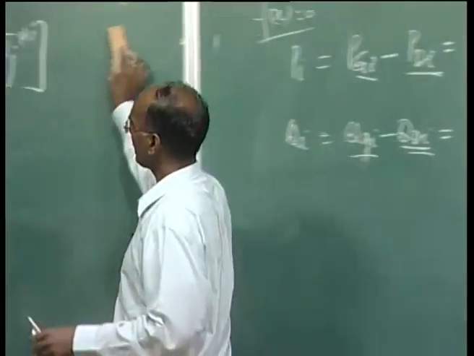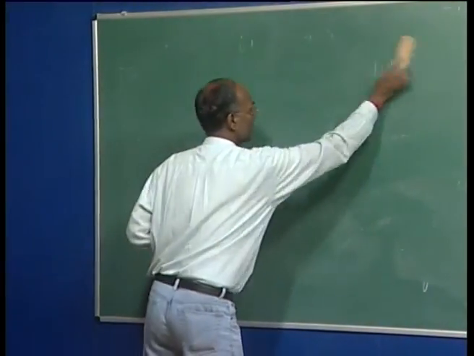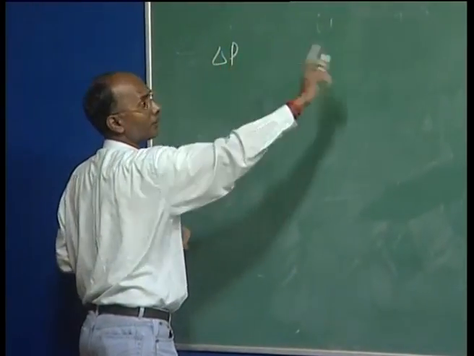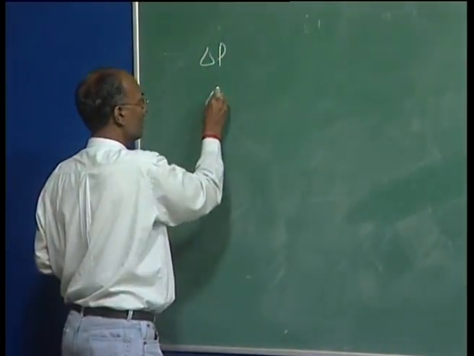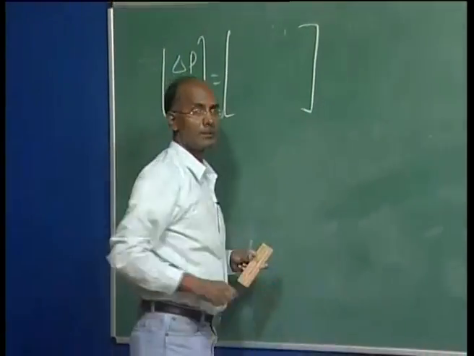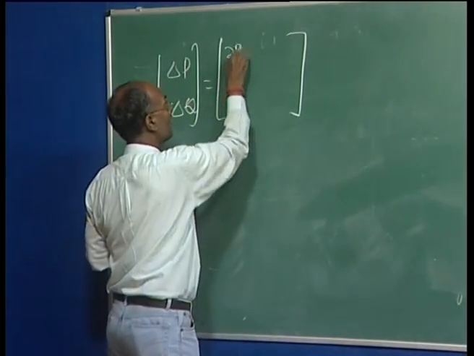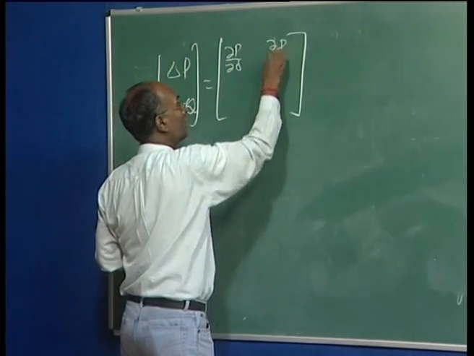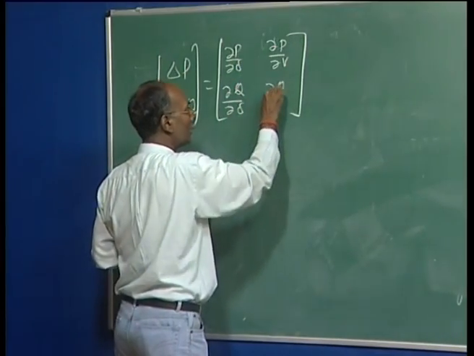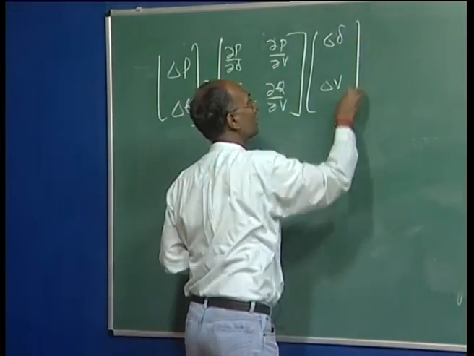So now let us see the Newton-Raphson method. It is no doubt based on the Taylor series expansion, and we form the Jacobian. If the power injection P here, and I am writing in vector form, here this is your Q, we take the Jacobian, that is the first derivative of this equation, meaning ∂P/∂δ, ∂P/∂V, here ∂Q/∂δ, here ∂Q/∂V, and here we have the change in angles and the change in voltage.